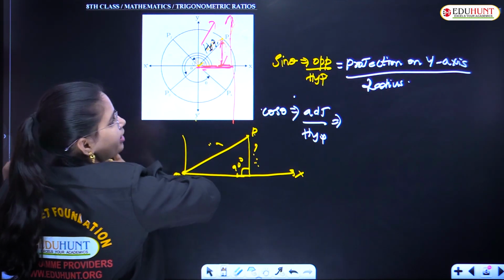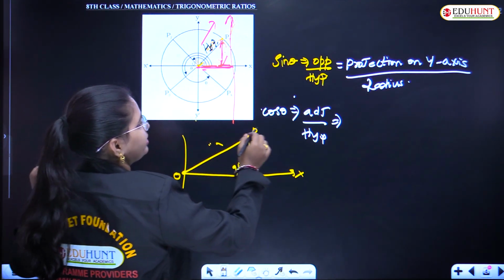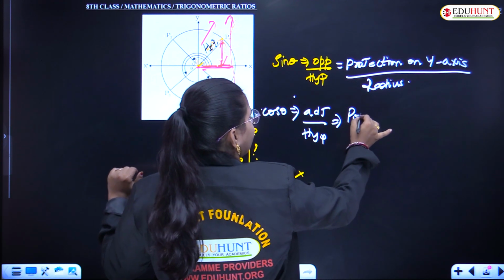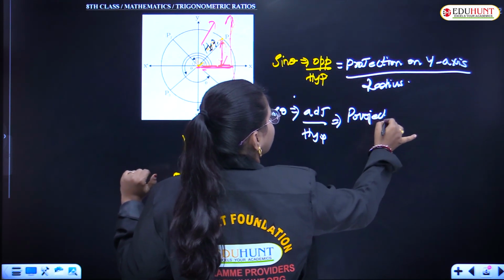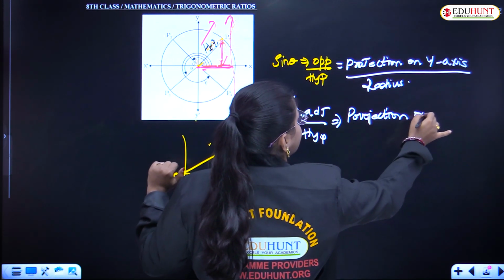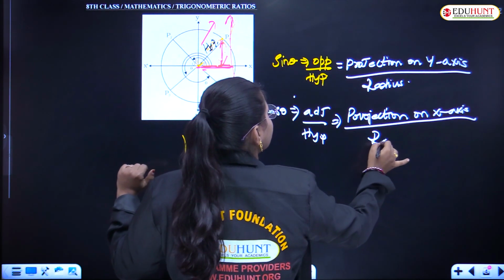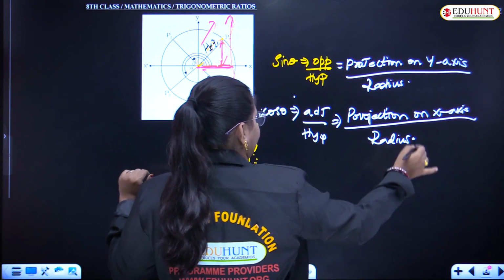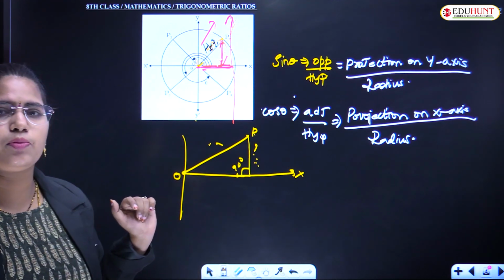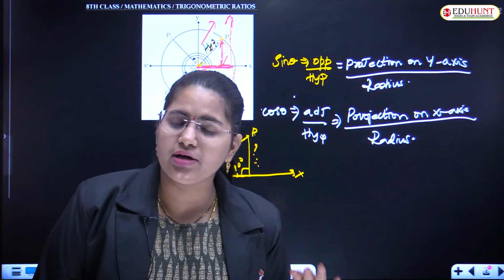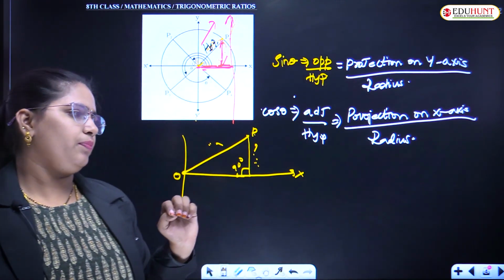So this will be my adjacent side. The adjacent side can be renamed as projection on the x-axis. So cos theta is projection on the x-axis upon radius. Am I clear? Good. Fine.